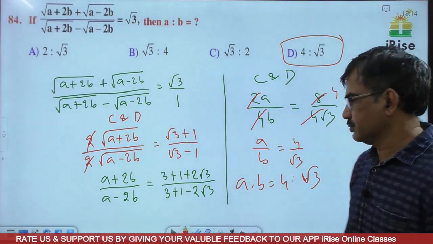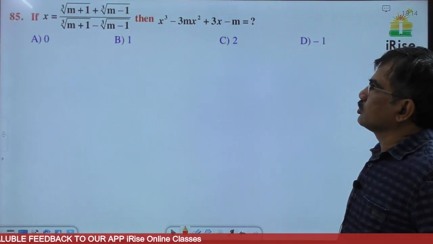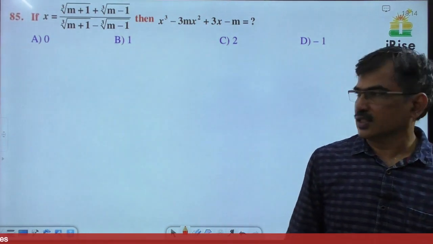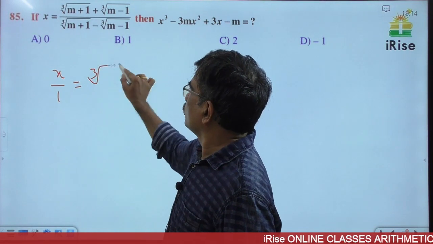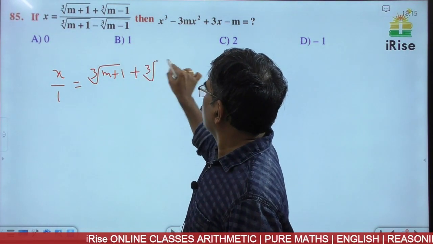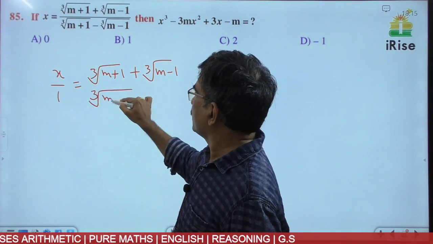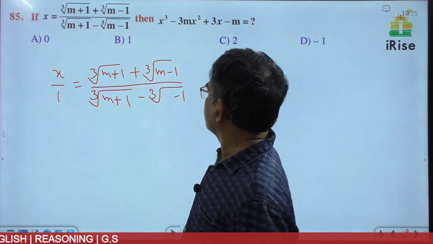Next question. This is also the same as the previous one. I want to write this as x by 1 is equal to (cube root of (m+1) + cube root of (m−1)) / (cube root of (m+1) − cube root of (m−1)).